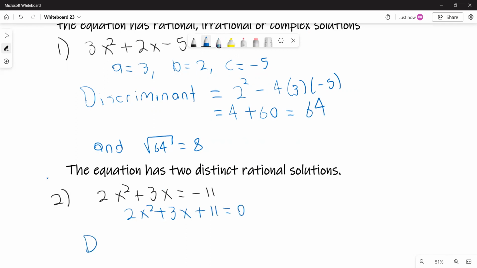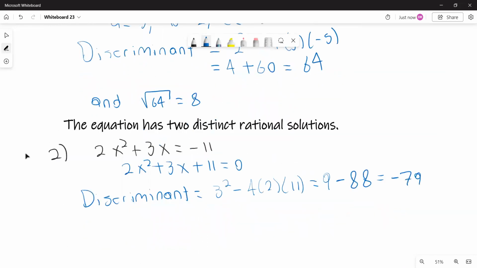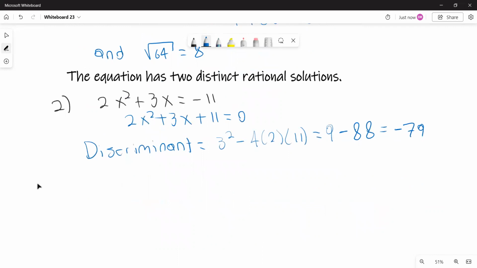The discriminant is going to be b squared minus 4ac. So that's 3 squared minus 4 times 2 times 11. So 3 squared is 9. 9 minus 88 is going to be negative 79. So that one is negative, and the equation has two distinct complex solutions.